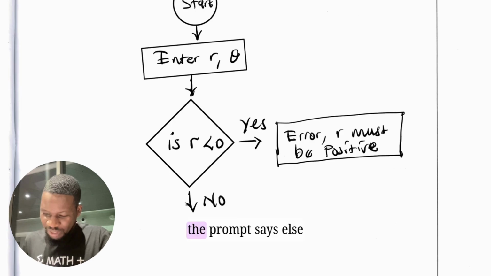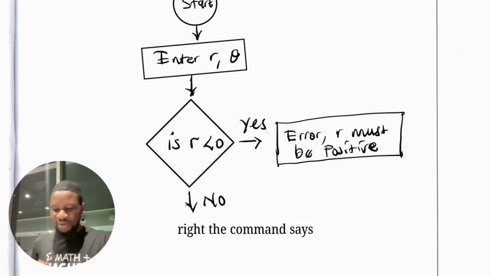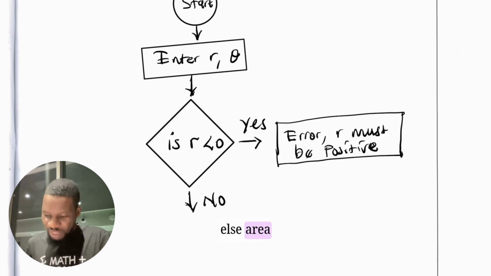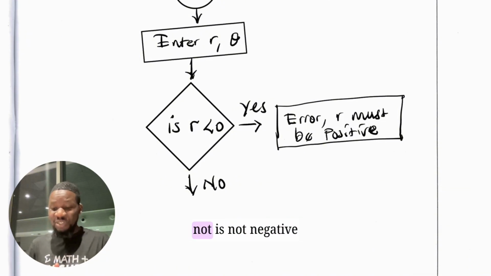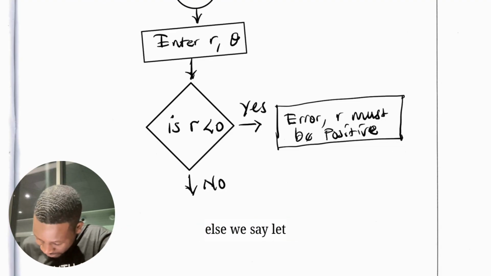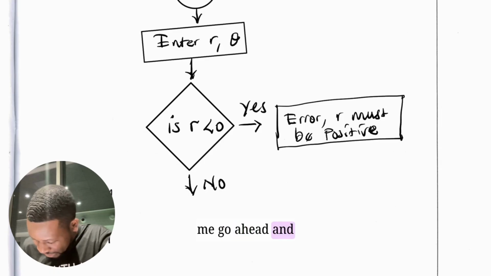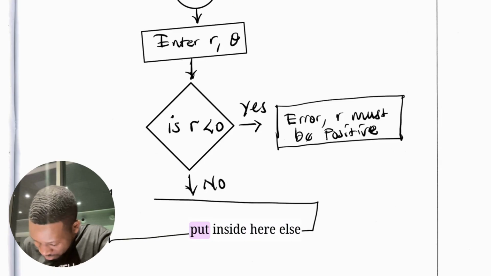Then the prompt says else, right? The command says else area is given by that. So else, it means the radius is not negative, or is not less than 0. Let me go ahead and write what we're going to put inside here.